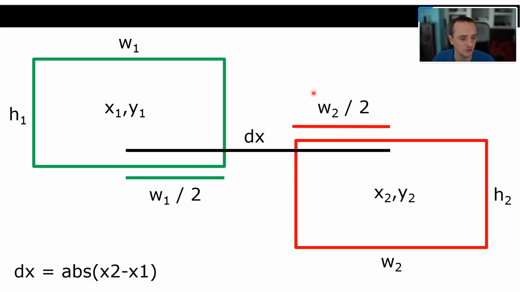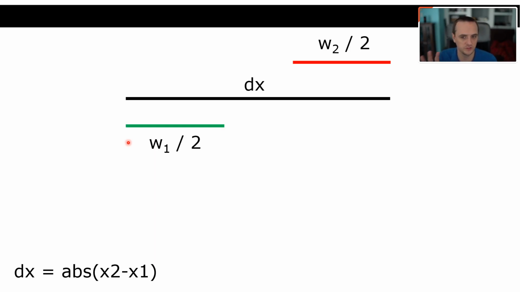Remember how when we had the circles, we talked about the distance between them and the radius? Well, this is going to be an almost identical calculation. So if we take this green segment, this red segment, and this black segment, then we're left with this. And now we can do a calculation here.